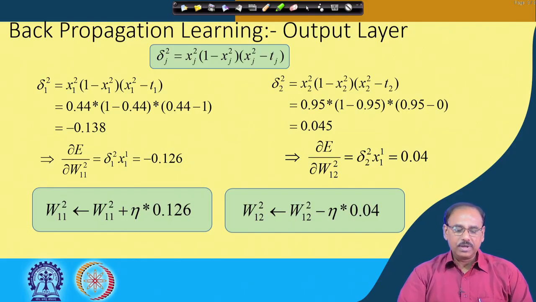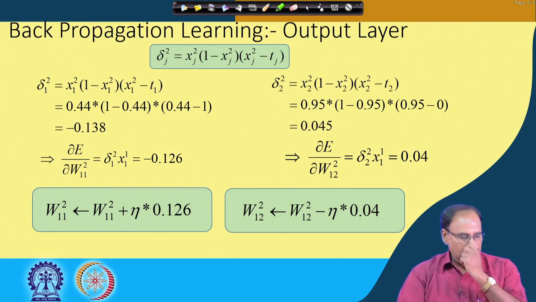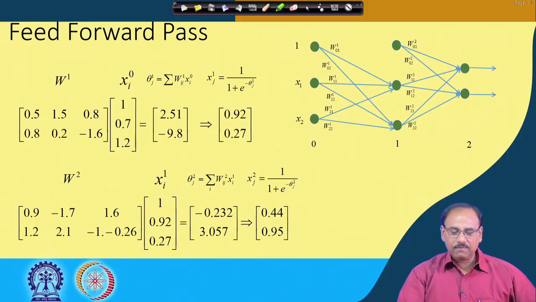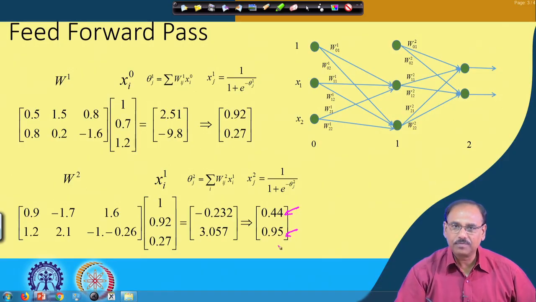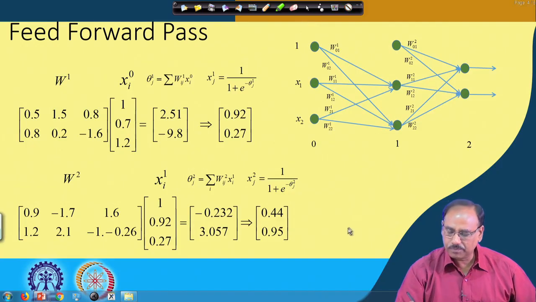Delta 1 2 is x 1 2 into 1 minus x 1 2 into x 1 2 minus t 1. As we have just seen, x 1 2 is 0.44 and x 2 2 is 0.95. By using this, I go for this computation.